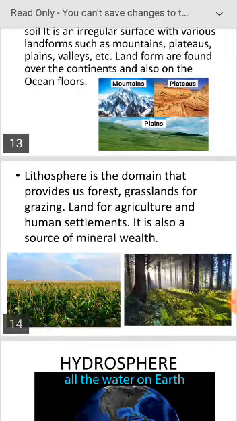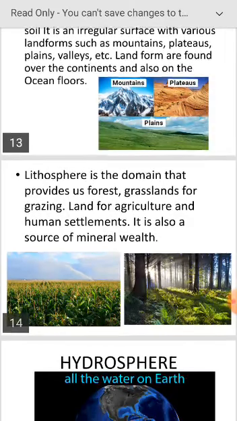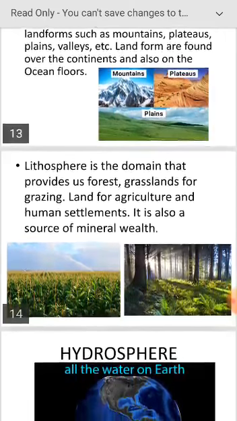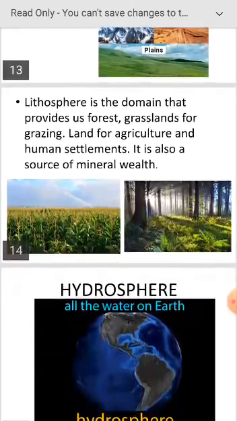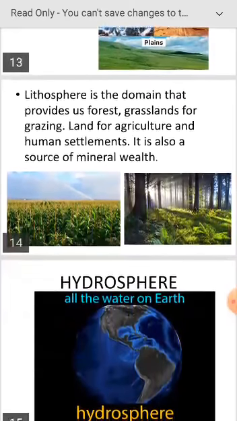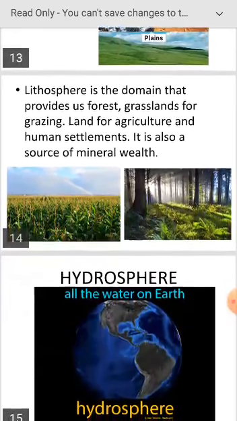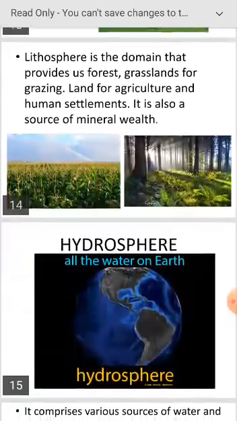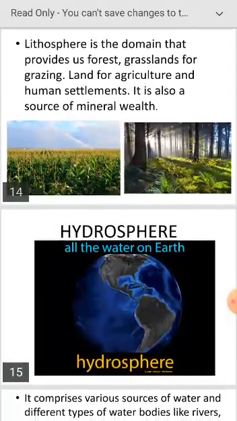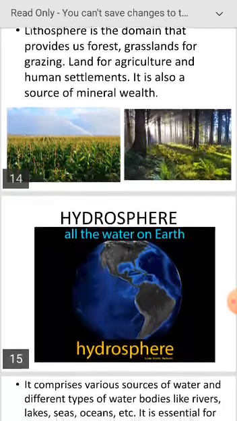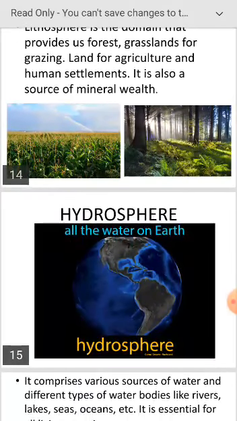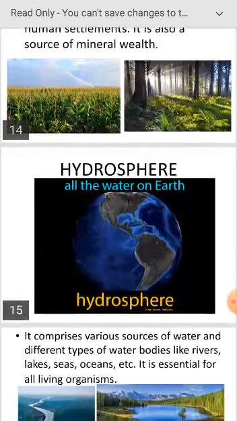You can look at the mountains, plateaus and plains in the small picture. The lithosphere is the domain that provides us forests, grassland for grazing, land for agriculture and human settlements. It is also a source of mineral wealth.